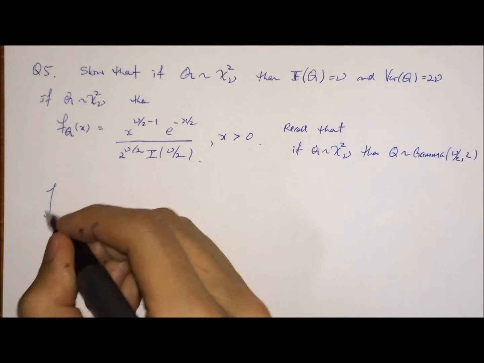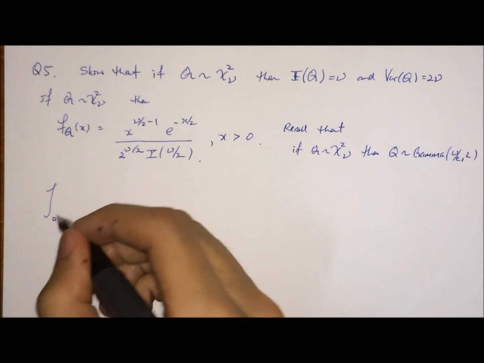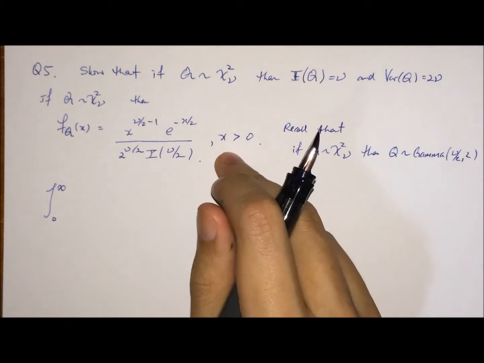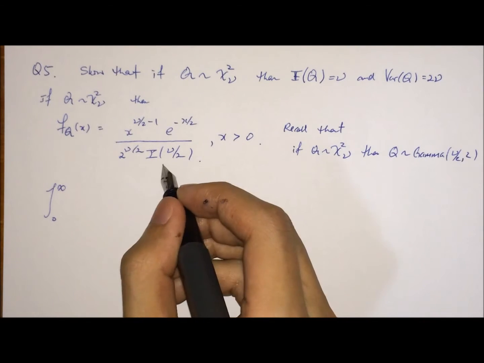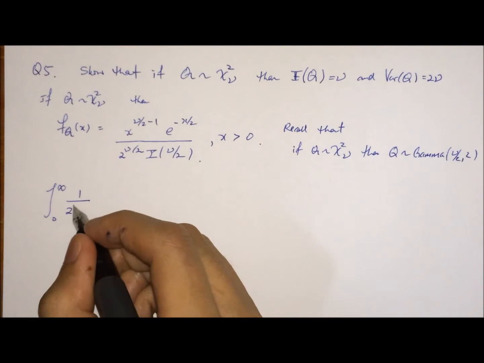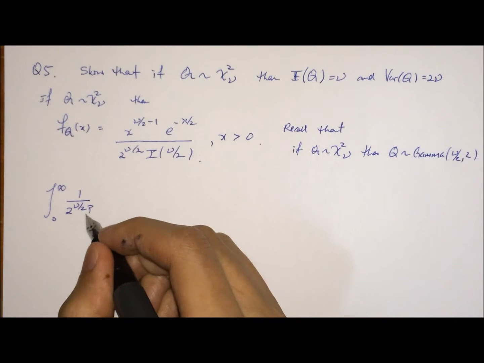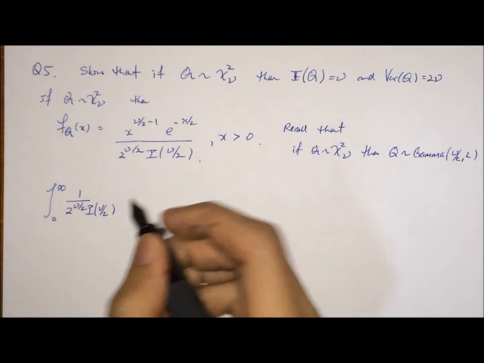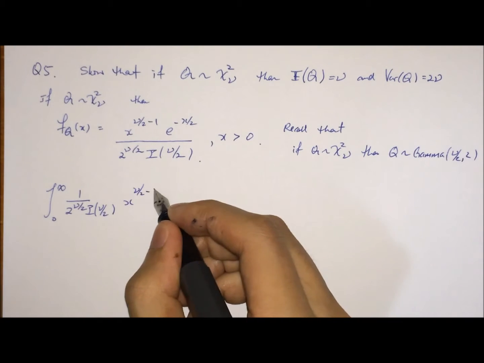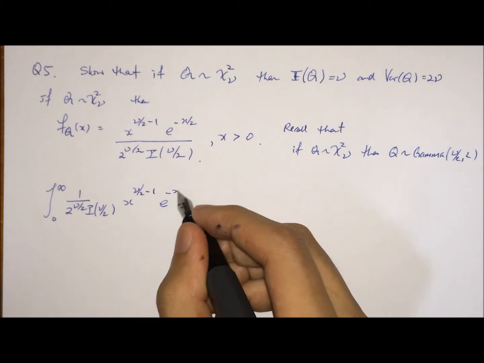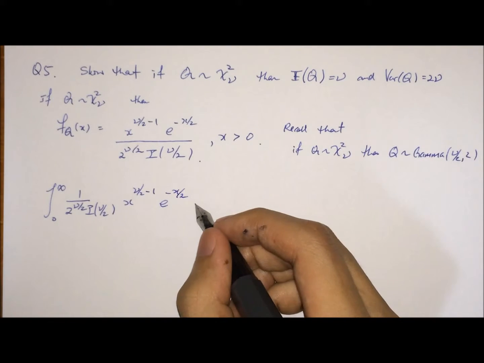So you take the integral from 0 to infinity, since the domain is from 0 to infinity. Then you take these constants, gamma(nu/2), and you integrate against x^(nu/2 - 1) e^(-x/2).